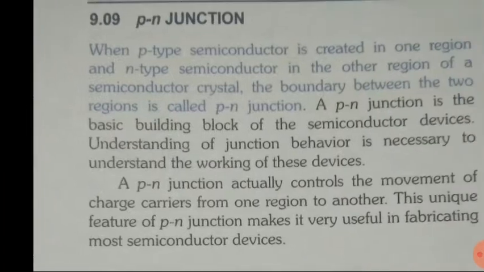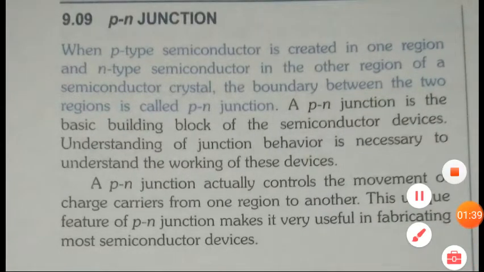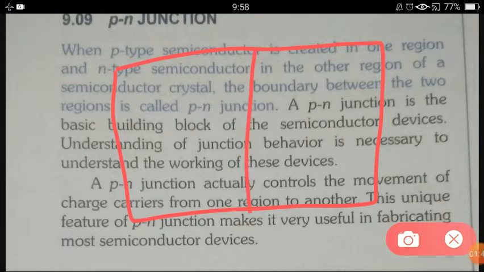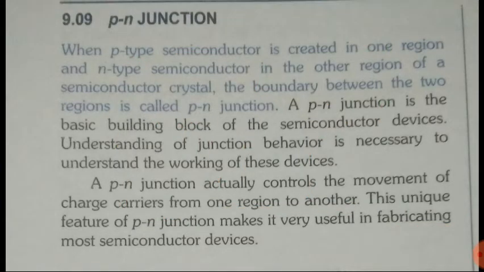So once again, in a semiconductor, one side is made n-type and the other side is made p-type. Between n and p there is one boundary, and this boundary is called the junction. A p-n junction is the basic building block of semiconductor devices.